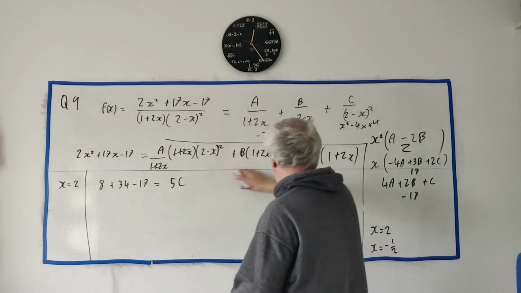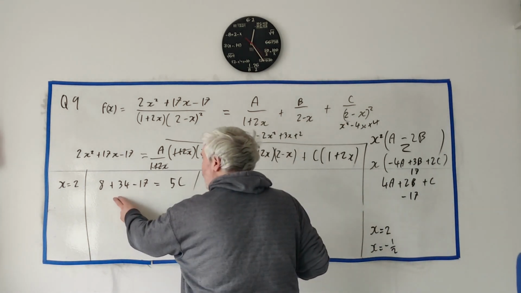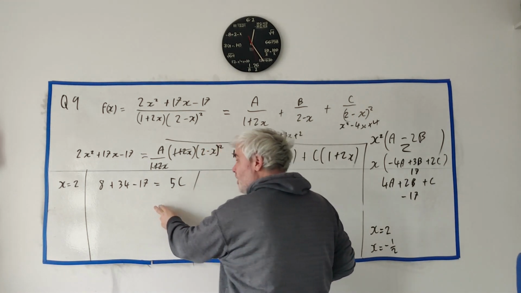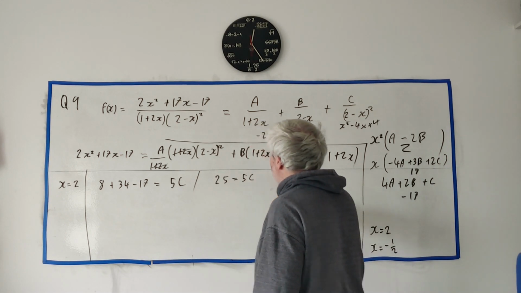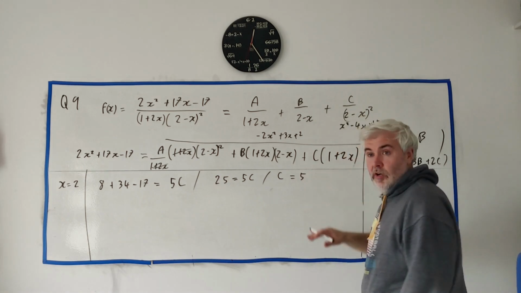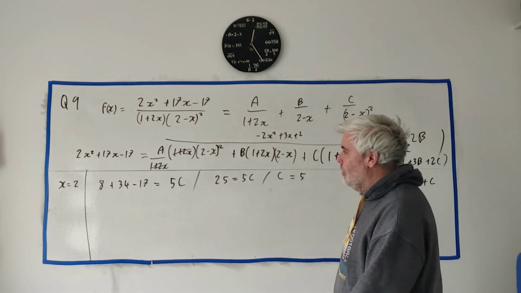Let's just stay on this side. Let's see, 8 plus 34 minus 17 is 17, plus 8 is 25. 25 equals 5c. C is equal to 5. Okay, we've solved one of them. We have one of the numbers. That substitution really helped us there.